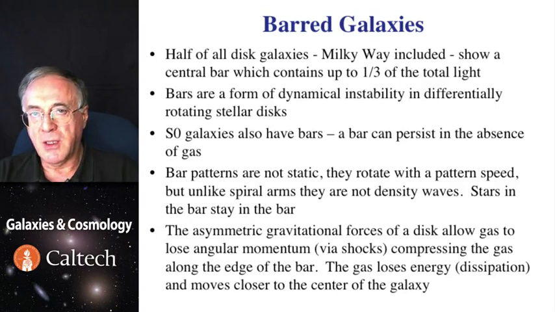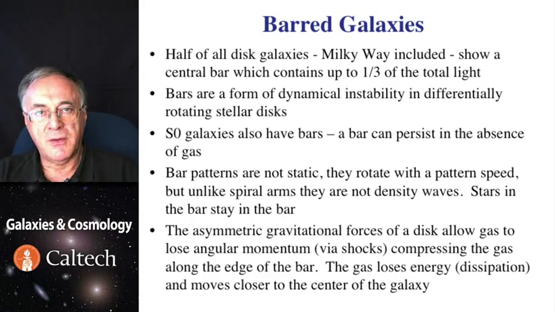The presence of dark halos actually can regulate against the formation of bars, so spiral disks are just borderline unstable to the formation of bars. Now, bars are not static patterns. They actually do rotate as the disk rotates, unlike spiral arms, which really are not. They're density waves rather than distinct physical subsystems, about which we'll talk later.